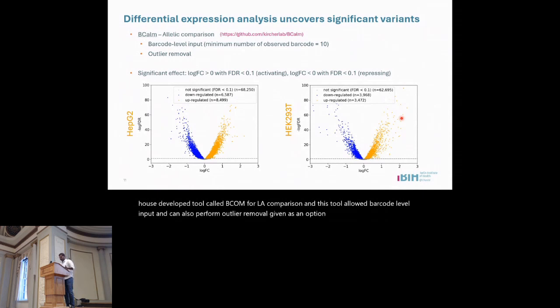Ultimately, we identified significant upregulating and downregulating variants for both cell types, which are about 14% in the case of HepG2 and 10% in HEK293T, among the number of variants that we actually tested after our barcode filters, all at a false discovery rate of 10%.